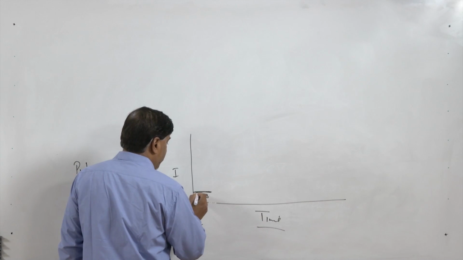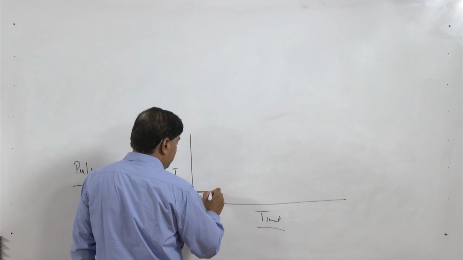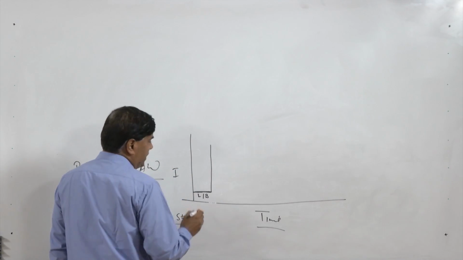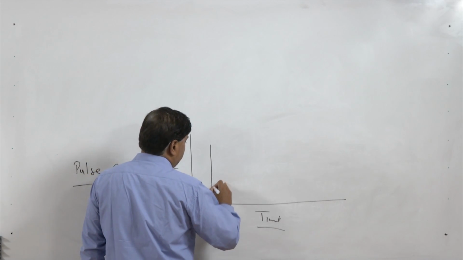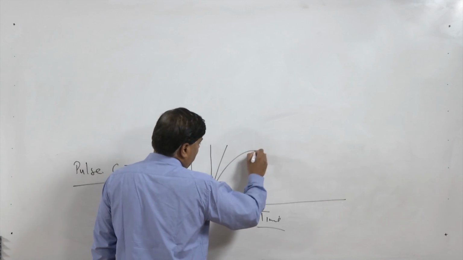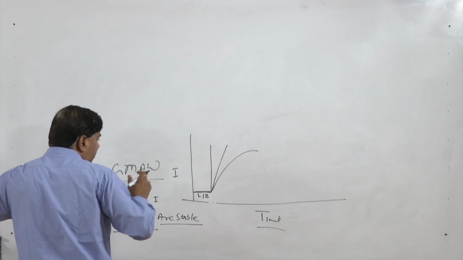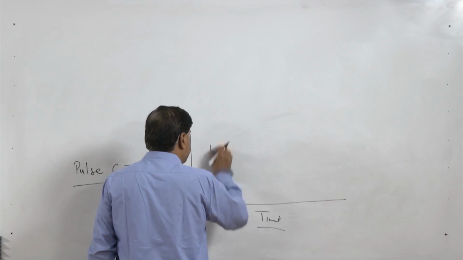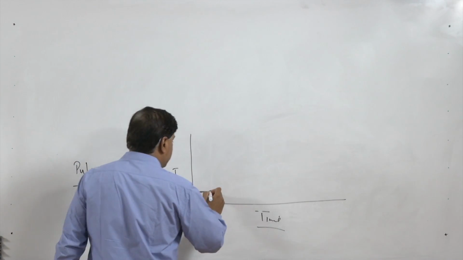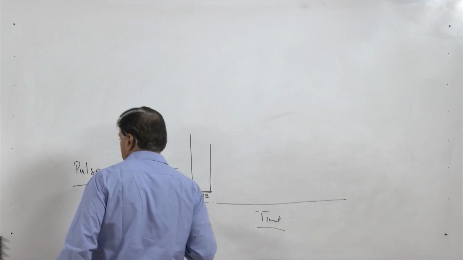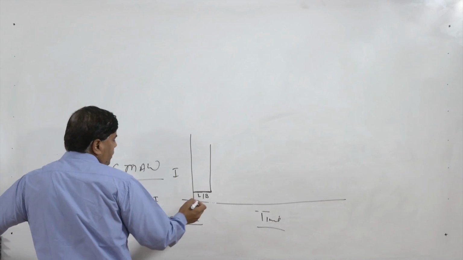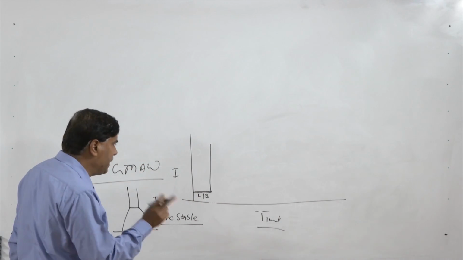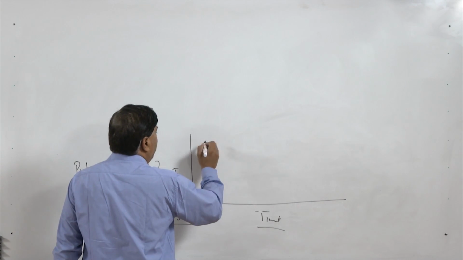So we maintain the background current, then the current is increased. This increase may be at different rates. It may be like this or it may be like this. So there can be different rates and different kinds of waves which can be generated as per the requirement. Normally, a square wave like this is generated, where after a particular background current period, the current is increased to the high value.